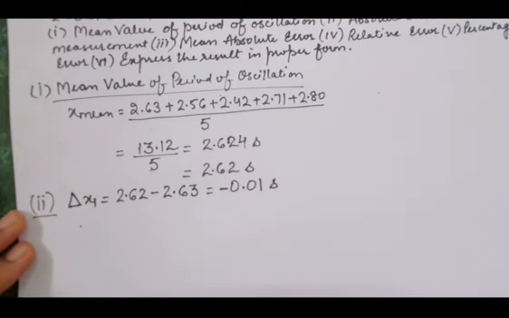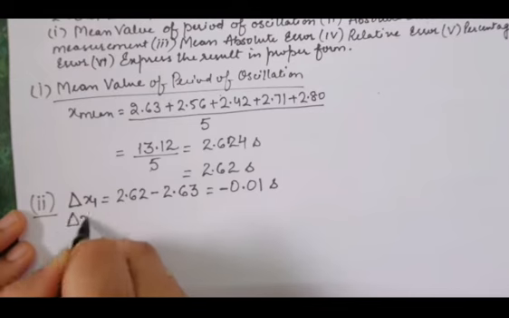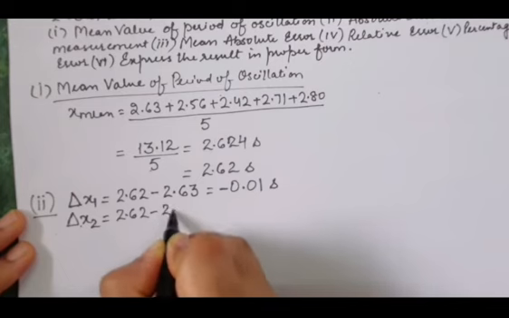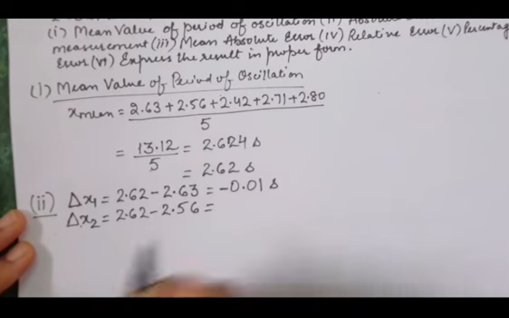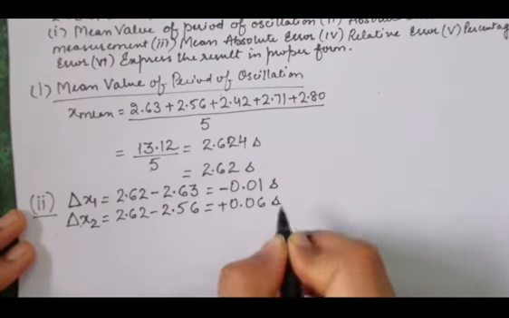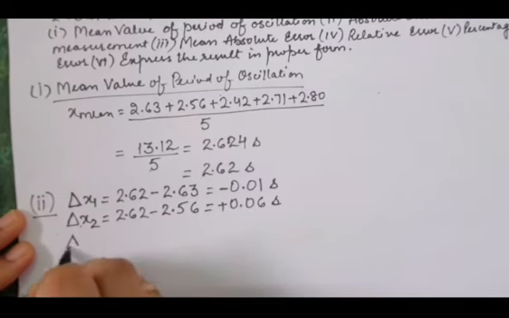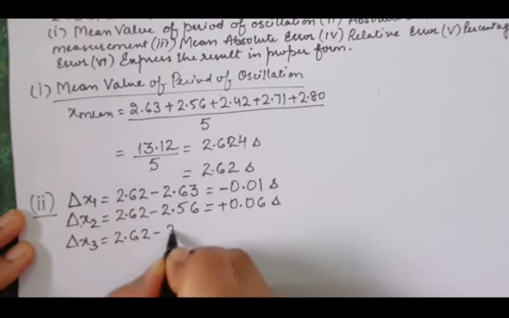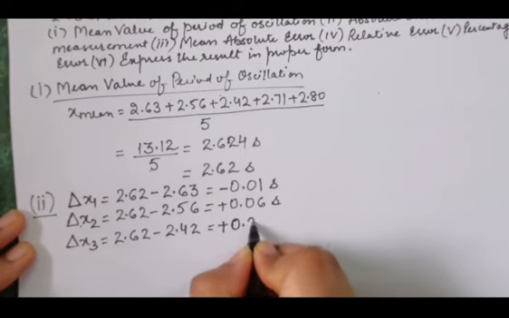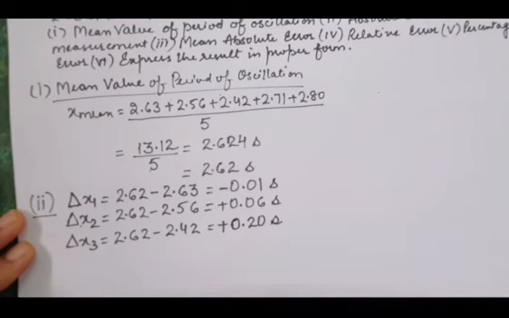Similarly, let us calculate the absolute error in the second reading. It's the true value minus the second measured value. So this is plus 0.06 seconds. Similarly, the absolute error in the third reading will be 2.62 minus 2.42. It comes out to be plus 0.20 seconds.